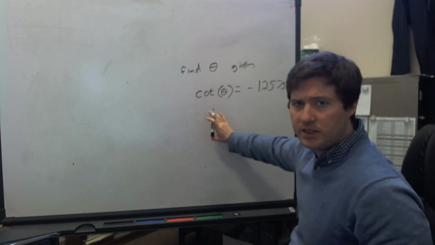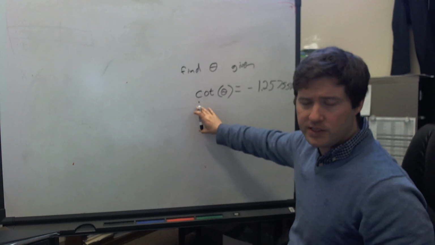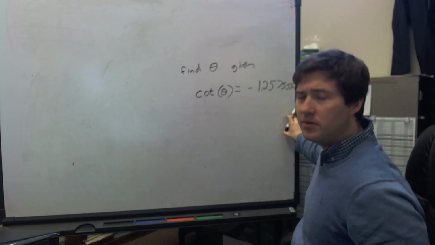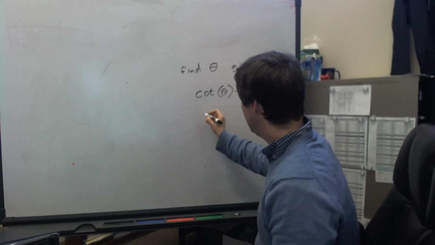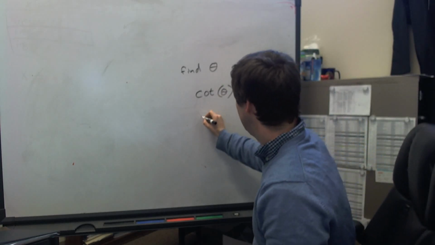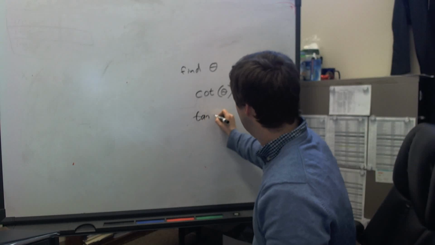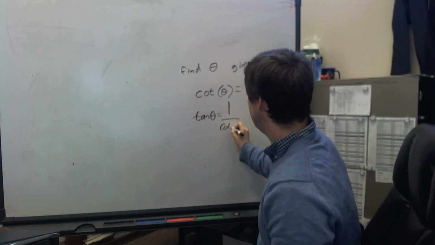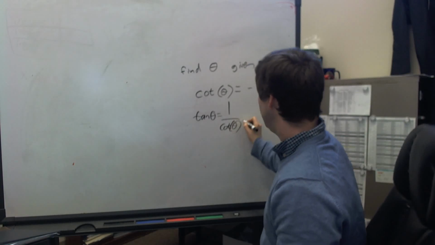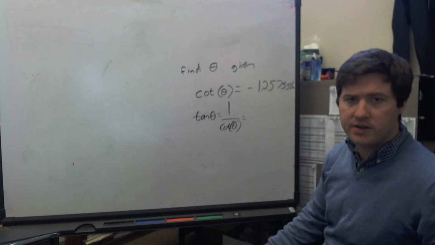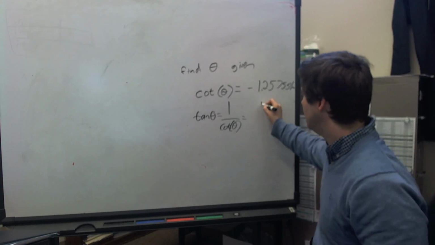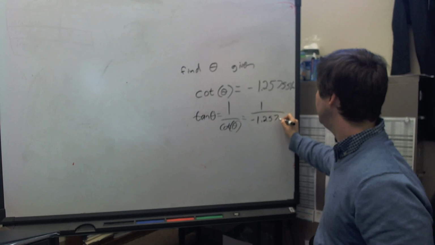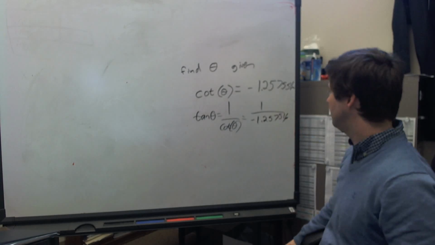So just like the very first example we did today, I want to rewrite this using my reciprocal. So tangent of theta is 1 over the cotangent of theta. And what is the cotangent of theta? It's this number here, negative 1.257516.